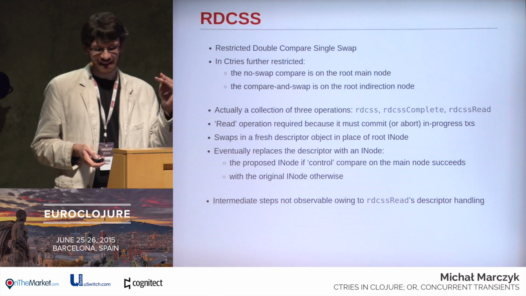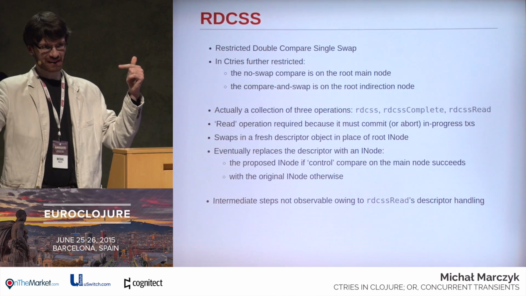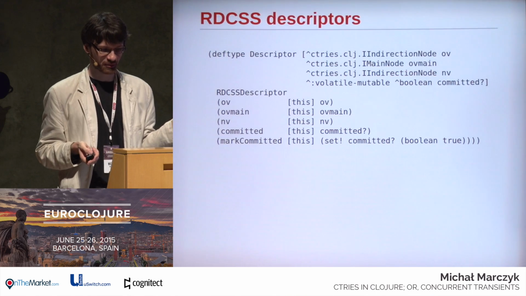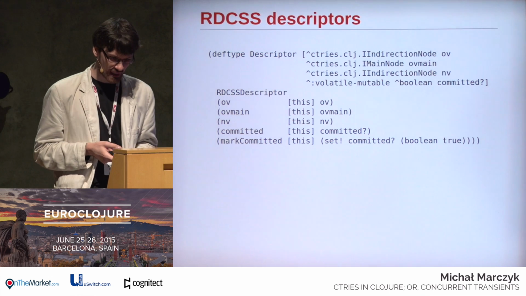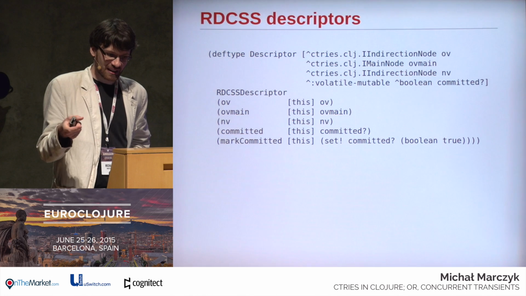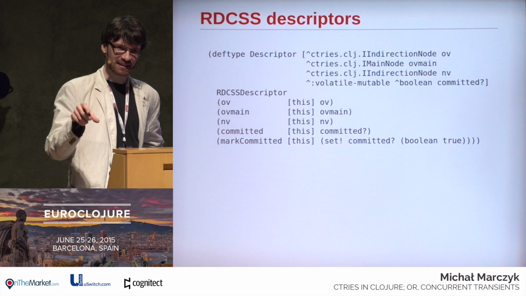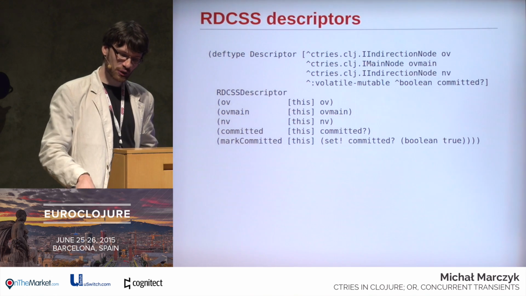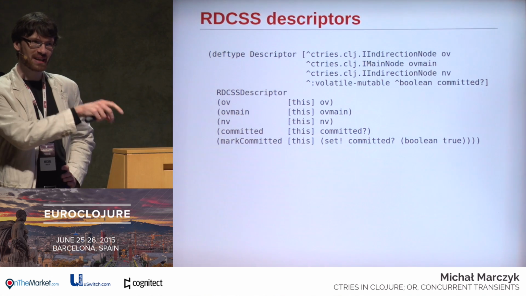What RDCSS does first, when it's asked to perform the two compares and possibly the one swap, is it creates a descriptor, which looks like this in Clojure. In the case of Ctries, it points to the old indirection node, the one you're hoping to replace, and the new one that you want to swap in. And additionally, it points to the old main node.